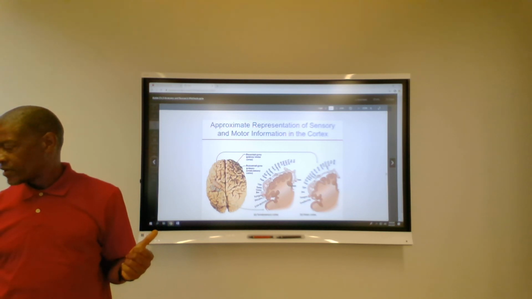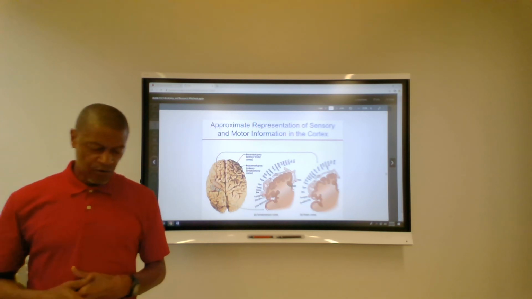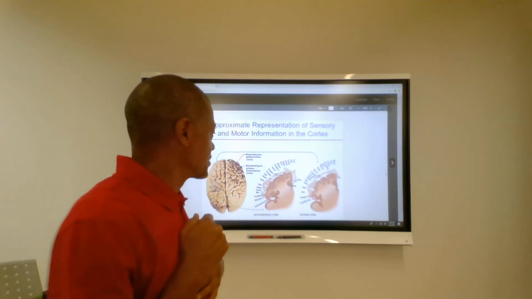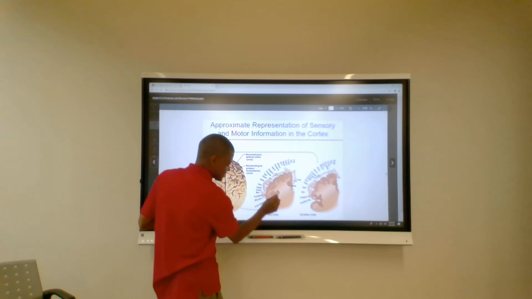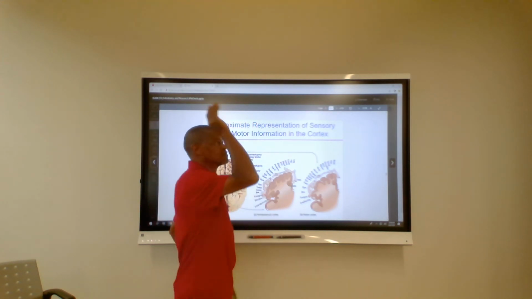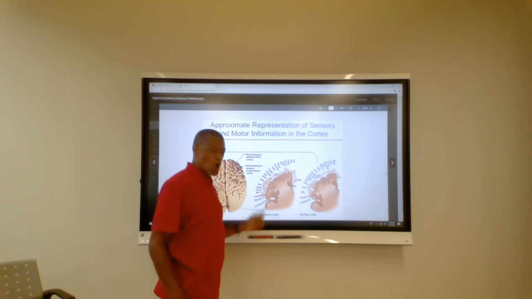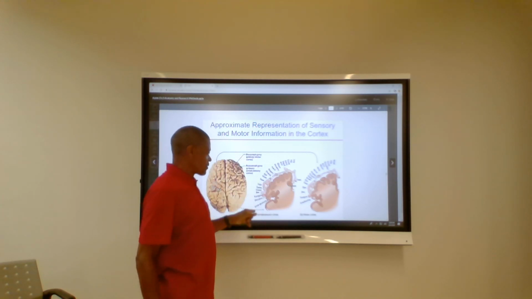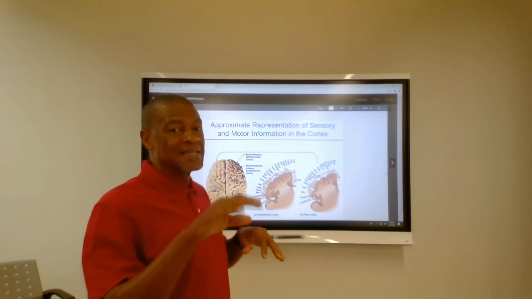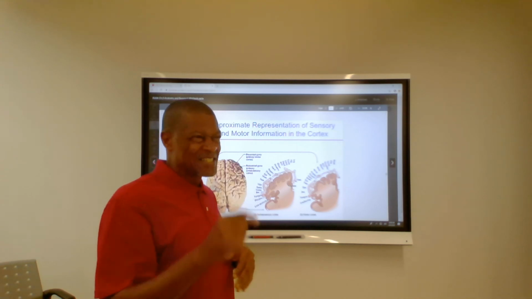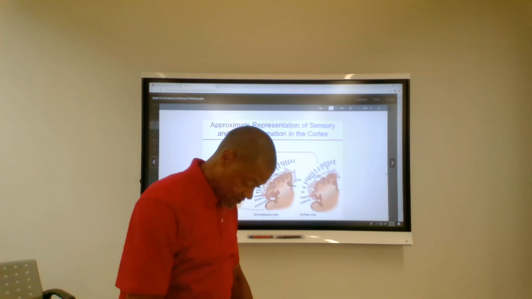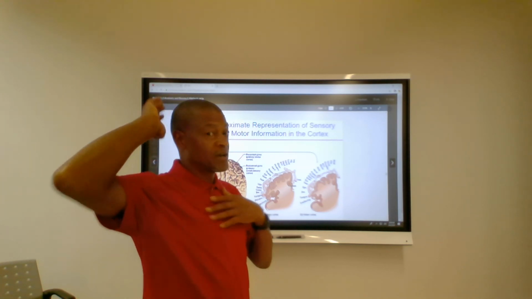When we deal with the parietal and the frontal lobe, there's a way that the body is actually represented on the cortex. See that cortex, that outside area we just showed you on the model? The way the body is represented is called a homunculus. So your body is topographically organized into a homunculus on the brain. It's not a simple layout from your feet and trunk up to your head.